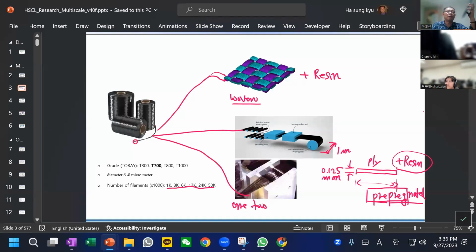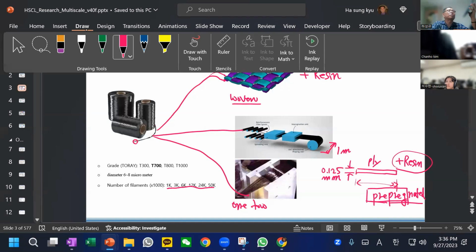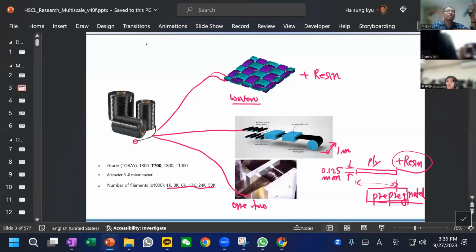One toe goes over rollers, and there can be some airflow or heat, or sometimes a little bit of humidity.